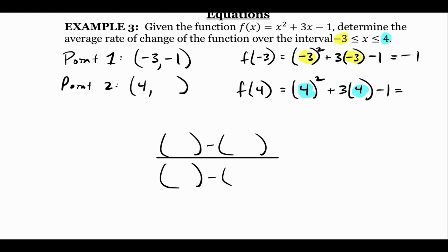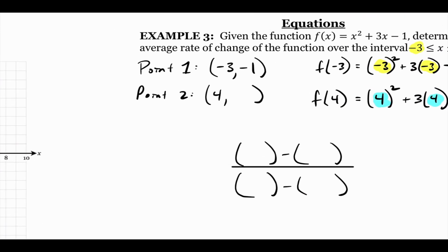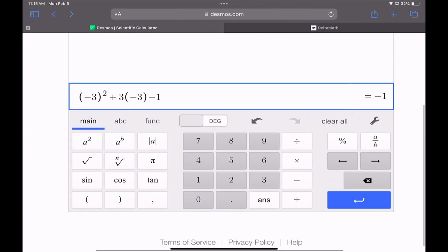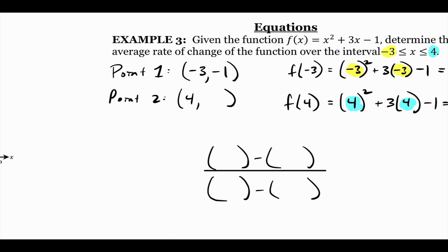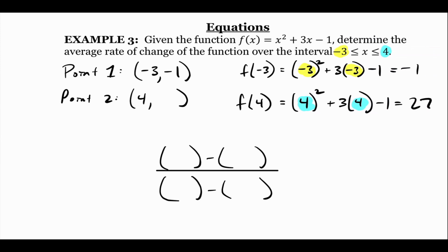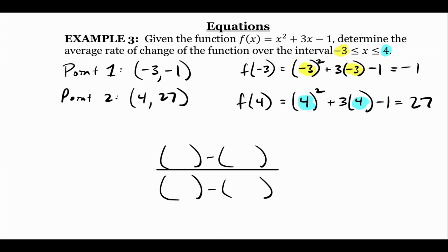Okay, so I'm going to go to my calculator. I already have the outline of it, so I'm just going to take away -3 and put 4 in. I get positive 27. There's my second dot. Right 4, up 27.